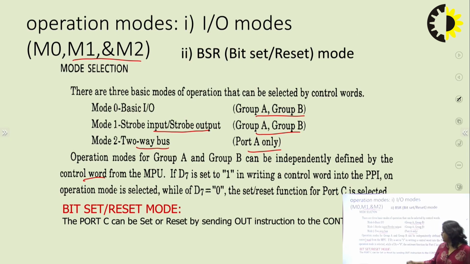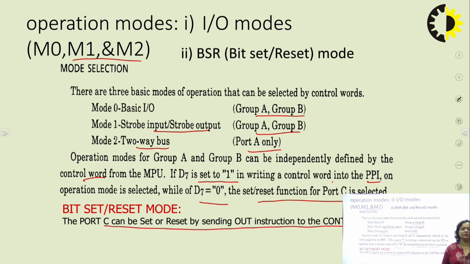If D7 is equal to 1, then it works in I/O mode, and if we write a control word into the PPI, it defines the operating mode selected. And when D7 is equal to 0, it works in bit set reset mode, which sets or resets the bits of port C. So in BSR mode, port C bits can be set or reset by sending the instruction to the control register.